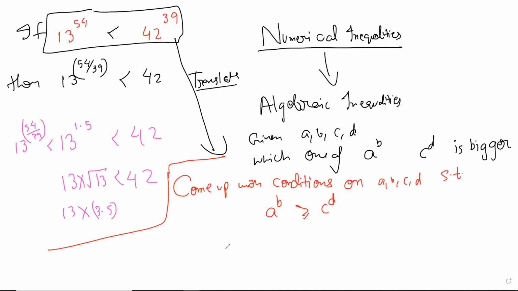Now, obviously, there are some very trivial conditions. I'll do the trivial one. Example, if A is bigger than C and B is bigger than D, bigger than or equal to also works, then I'm just writing it.